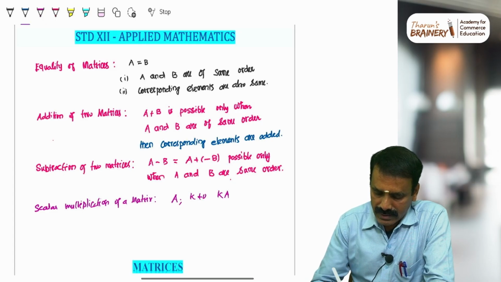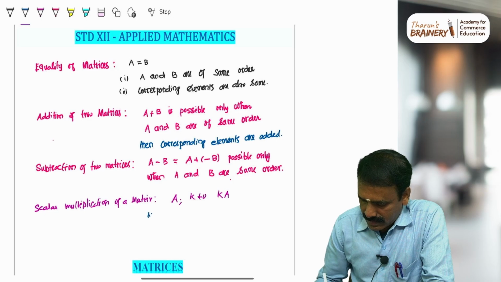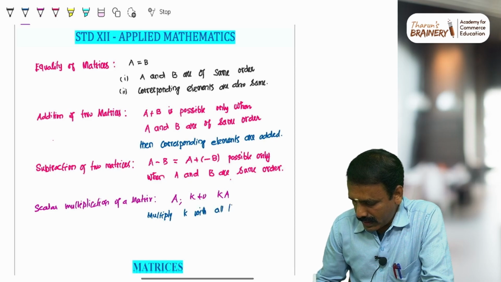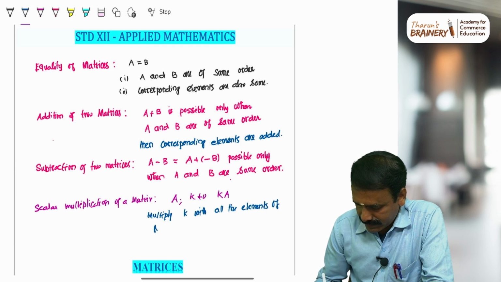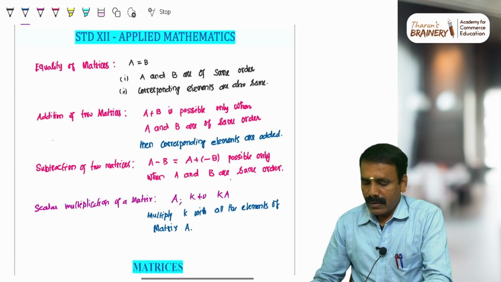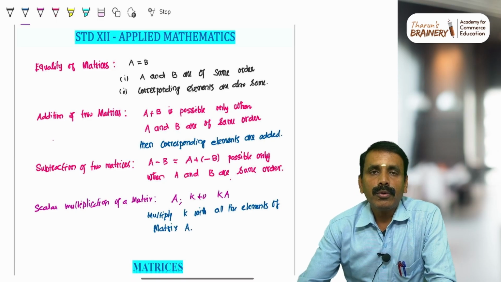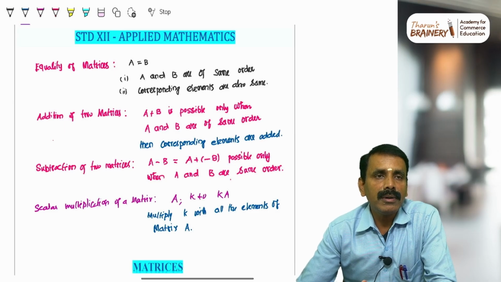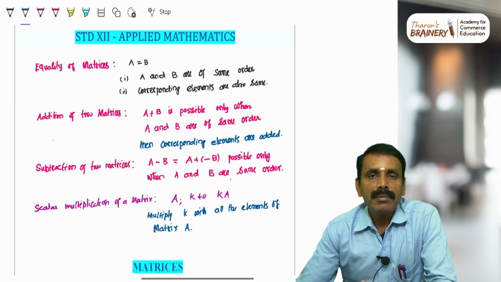How to find the answer? Multiply K with all the elements of matrix A. So we know how to equate two matrices, how to add two matrices, how to subtract two matrices, how to multiply a scalar to a matrix.